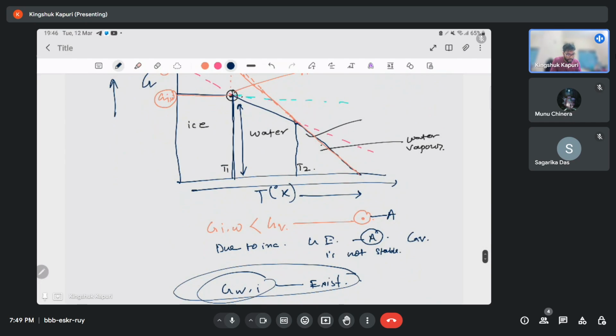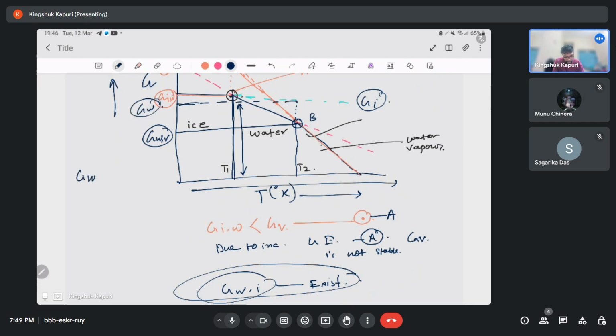for this particular point B, you can see that water and vapor can be stable here, and at that point the G of ice, so this is the G of ice line, sorry, G of ice is not stable because this is a GWV, water and vapor line, and at this point this is where the G water line intersects.